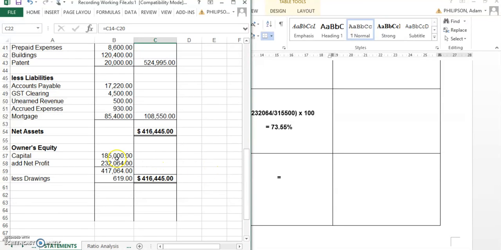So this capital figure here is actually the final balance from the previous year. That has all been our capital from the year before, plus net profit less drawings for the previous year, which came to this figure here. So when we're doing our average owner's equity, we can do 416 closing for this year plus 185 divided by 2.